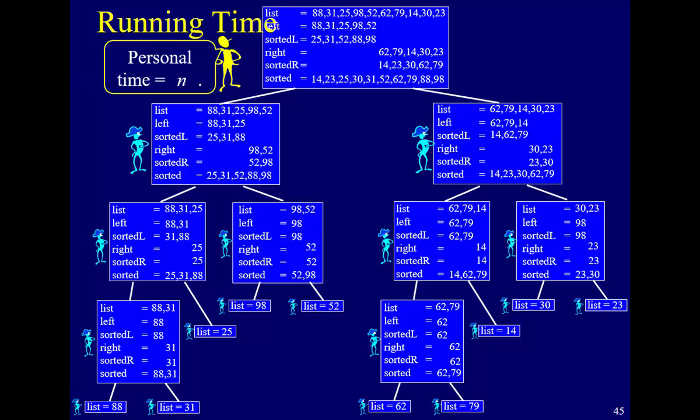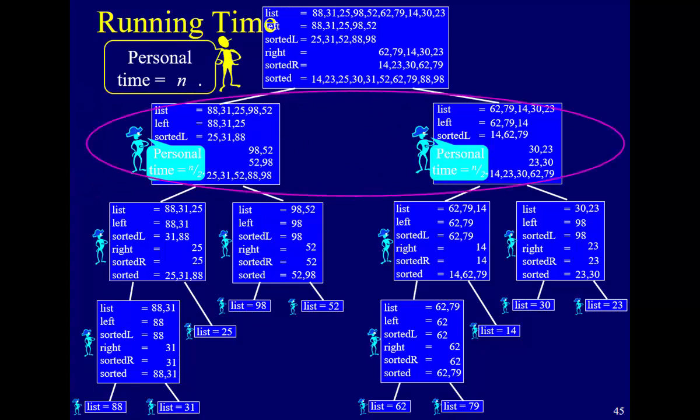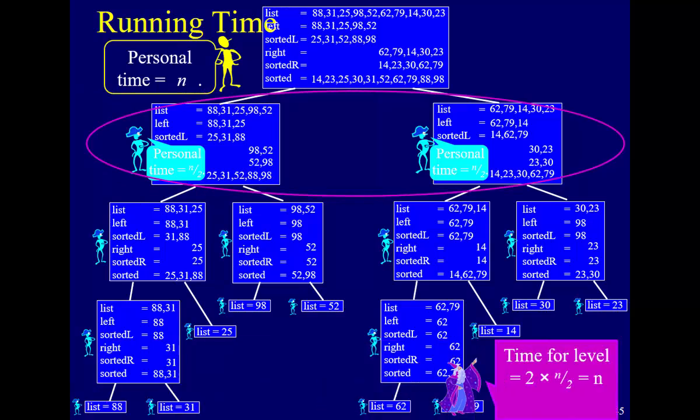So at the moment, let's just say his personal time is n. So the next guy's time is n over 2, because he's given only n over 2 numbers, right? But there are 2 of them. So how much time for the total of that layer, right? The total time is 2 times n over 2, which is n.